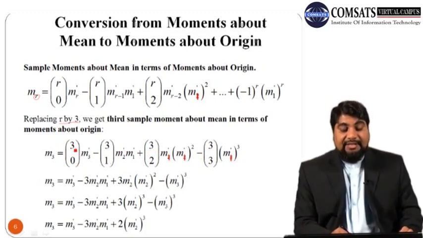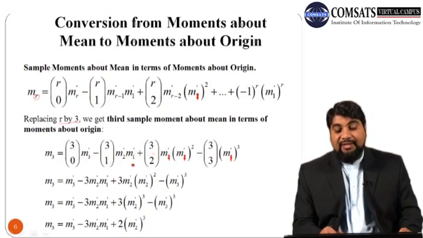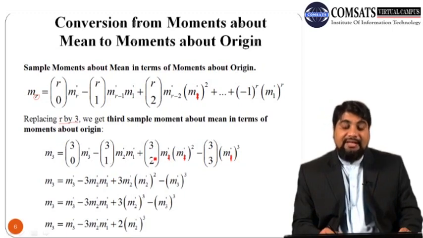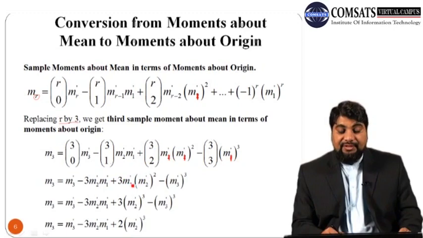So next, 3c0 is 1, so m3', then 3c1 is 3, so minus 3 times m2' m1'. Then 3c2 is again 3, and we have m1' as it is, and we have m1' whole square. So this one is also as it is.